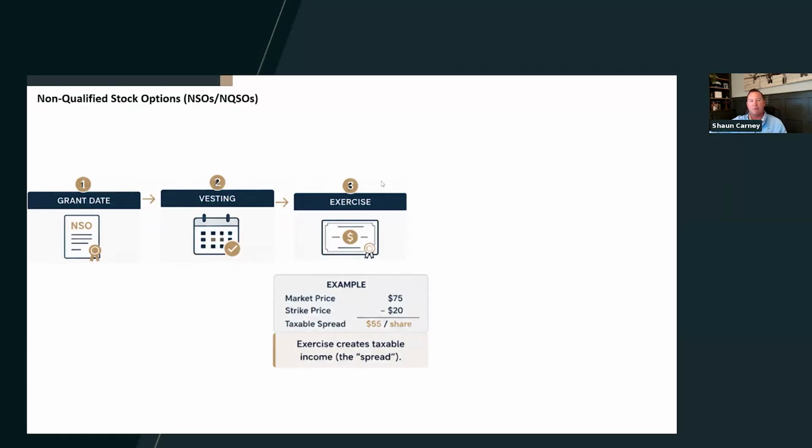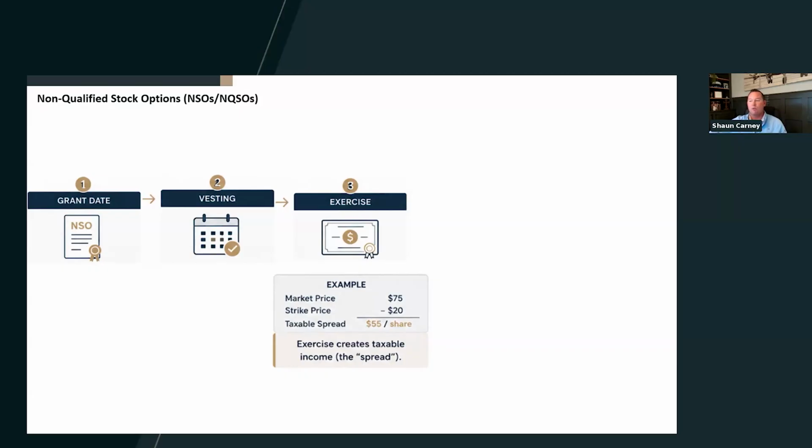And non-qualified stock options, we'll go over a little graph here in a bit, but ultimately I'm getting the option to purchase shares at a lower value. Okay, so I'm getting an option to purchase shares at a certain price based on what it was on my grant date. If my grant price is lower than the current market price on my exercise date after my vest, then my option is worth something.